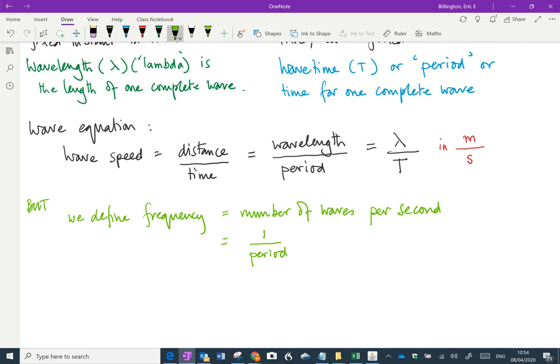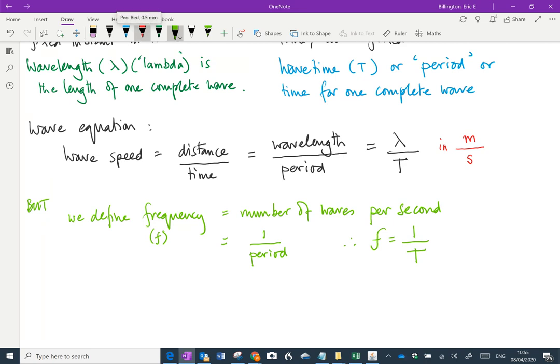So in symbols, frequency, I didn't mention the frequency is given the symbol little f, not big F, that's force. So frequency equals 1 over period. What about the units?